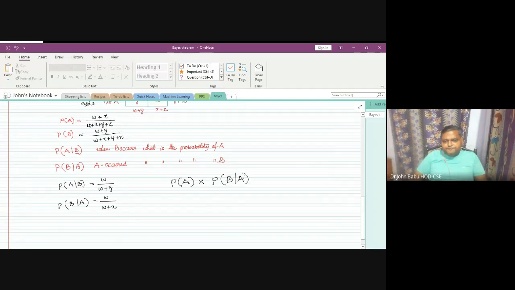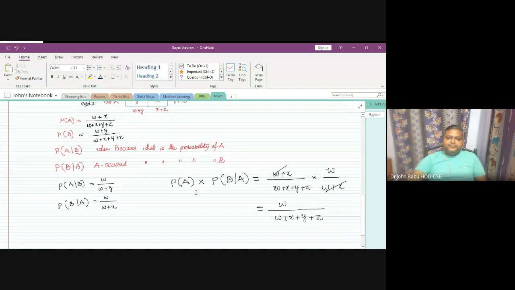Tell me. What is probability of A? W plus X by W plus X plus Y plus Z, into probability of B given A, which is W by W plus X. So W plus X gets cancelled. W by W plus X plus Y plus Z.